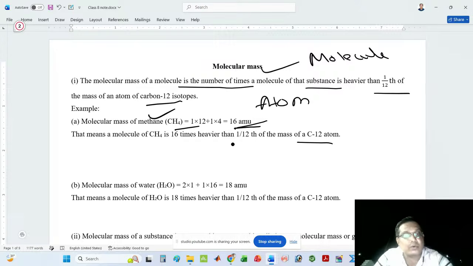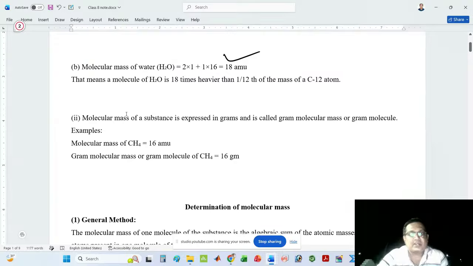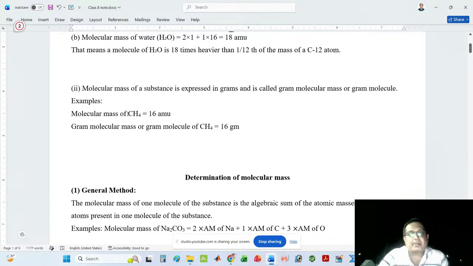Mass of water molecule. Here I have given mass of water molecule, that is 18 amu. That means you can say that a water molecule is 18 times heavier than 1 by 12th of the mass of C12 atom.